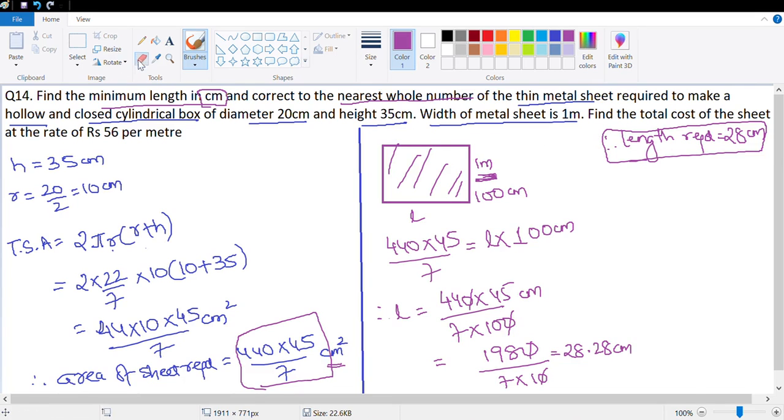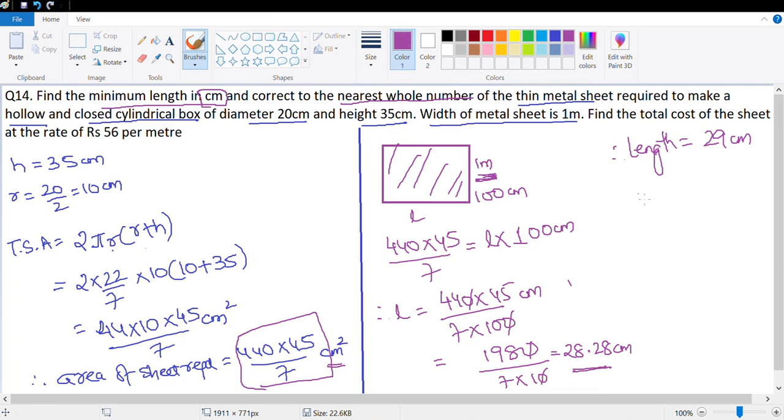Why? Because that's the minimum length required. So what we need is definitely 28.28, and if I need to look at the minimum required as a whole number, therefore length would be equal to 29 centimeter, because with 28 I will not be able to make this box because actual required is 28.28. So the nearest whole number will be 29 centimeter.